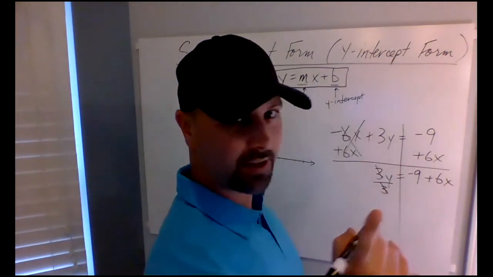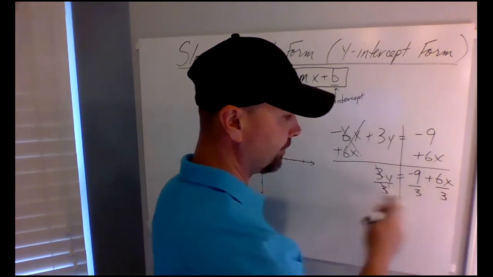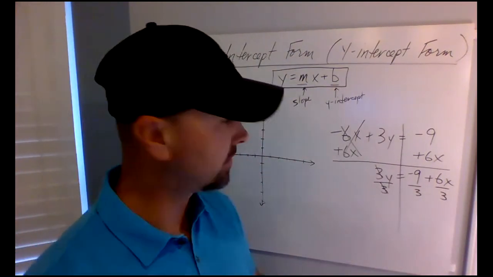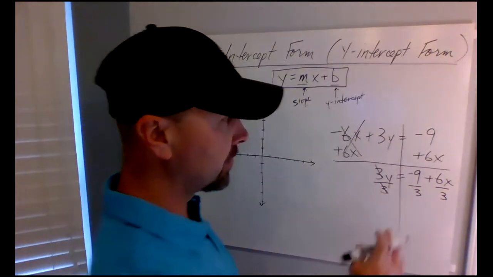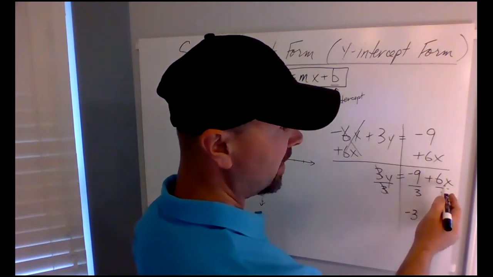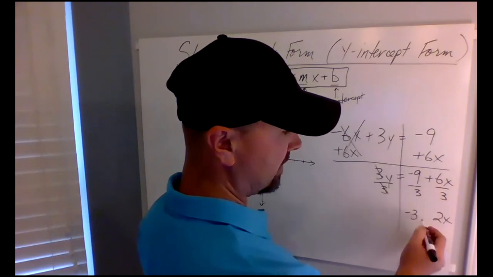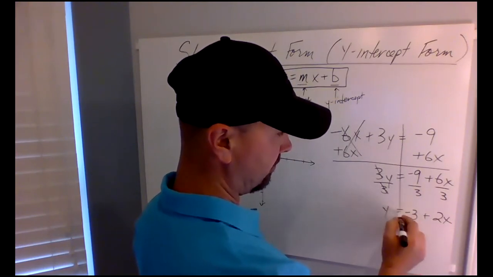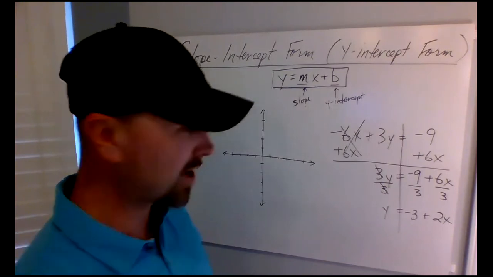Now, here's one thing that you need to make sure you do. Distribute that 3 across over here, okay? You need to divide each number by 3. So negative 9 divided by 3 is negative 3. 6x divided by 3 is 2x, and that would be positive. So y is equal to negative 3 plus 2x.